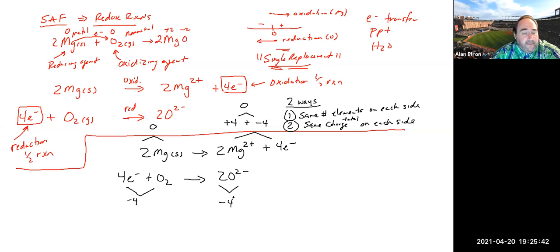So this is technically balanced because on the left-hand side of the arrow, we have a minus 4 overall charge, and on the right-hand side of the arrow, we also have a minus 4 overall charge. Any questions on that?